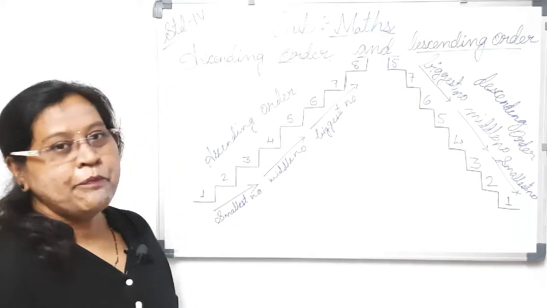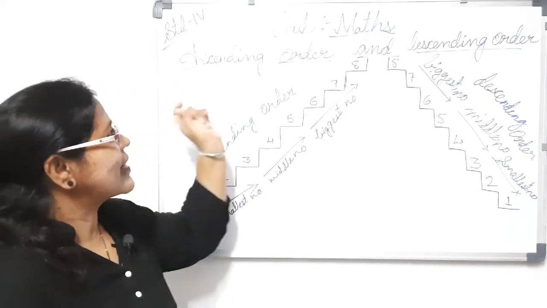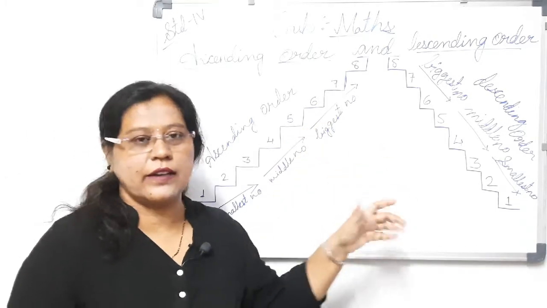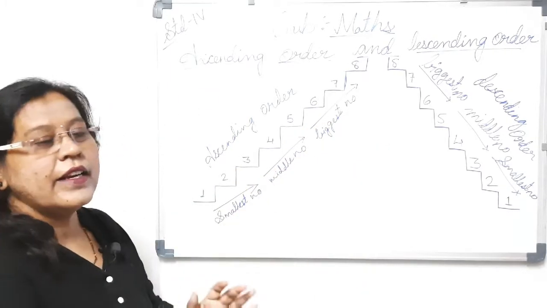Understood? First of all, tell me what is ascending order and descending order. It is ordering the numbers.